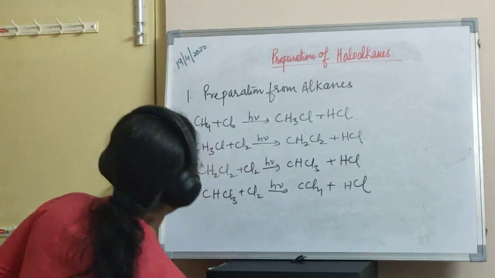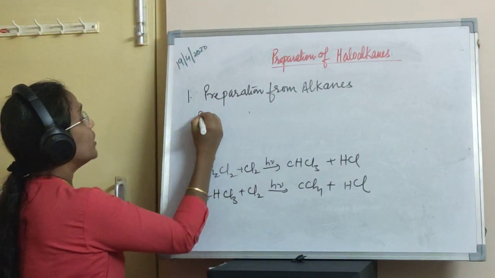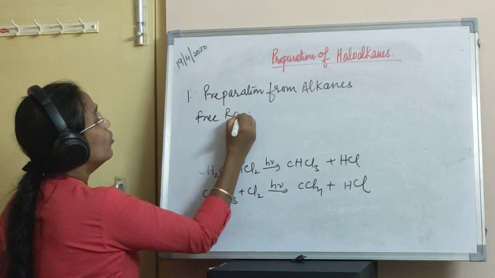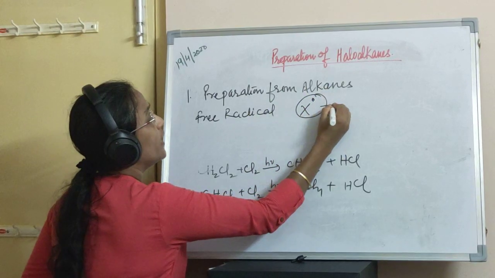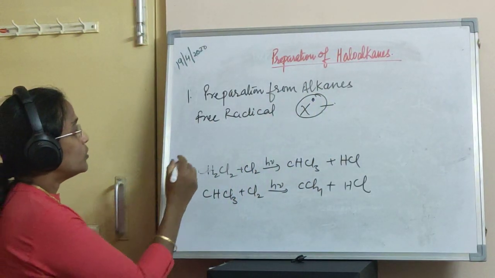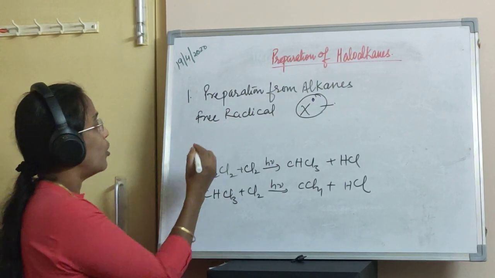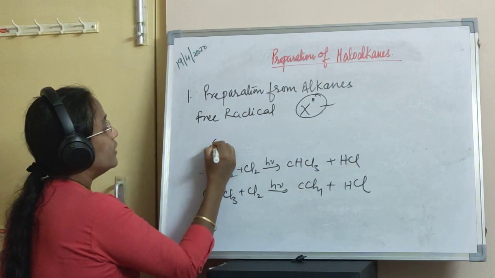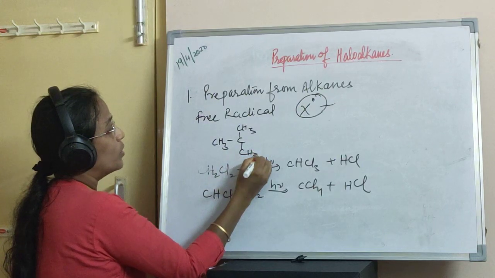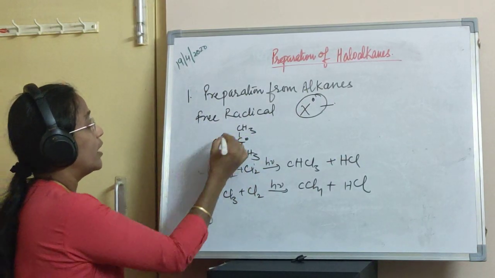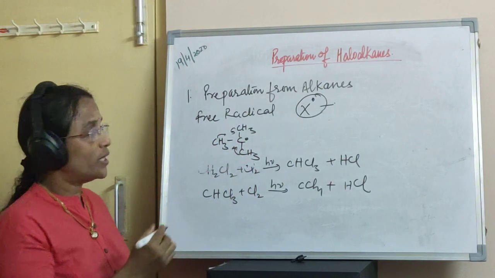Dear children, the important mechanism is free radical halogenation. It proceeds via the formation of a free radical. We know a free radical is electrophilic in nature. If the tertiary free radical is formed during the reaction, then that will be more stable, because the tertiary free radical, which is electron deficient, will be maximum stabilized by hyperconjugation or plus I effect.